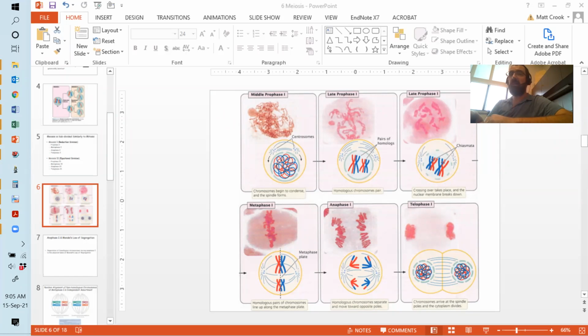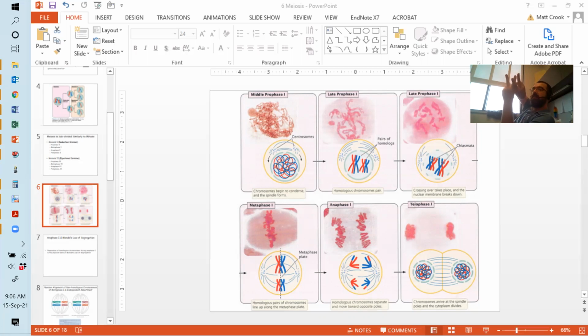Yeah, absolutely. That is exactly what's going on. And so this is for every single chromosome pair. Remember these are sister chromatids. So this is one chromosome from your mother, and this is one from your father, right? They could line up on the metaphase plate like that.